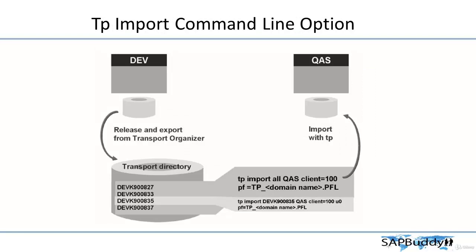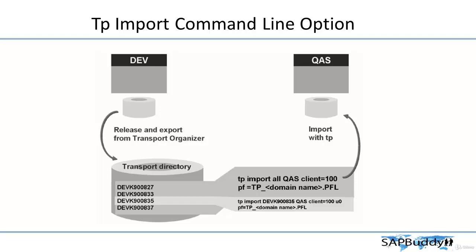As I said, imports performed at the operating system level should be restricted. In older versions, in 3.x SAP systems, all the imports were done at the operating system level. Now the transport methodology in SAP has improved a lot, so SAP does not recommend using the import process through the operating system.